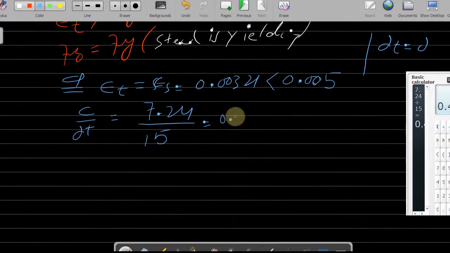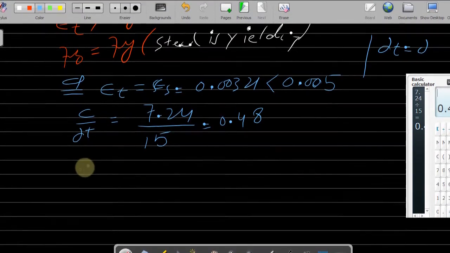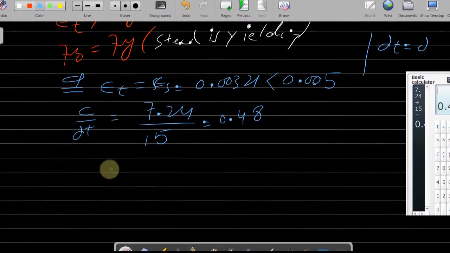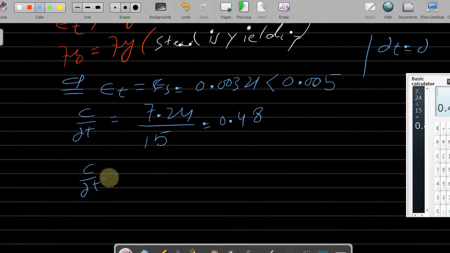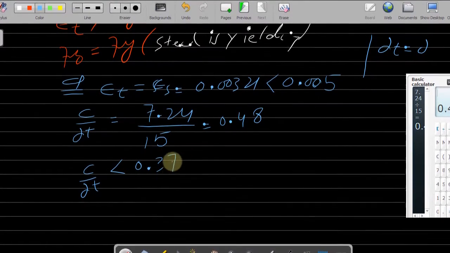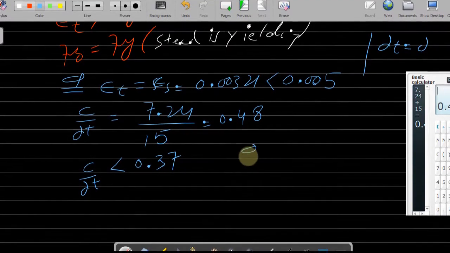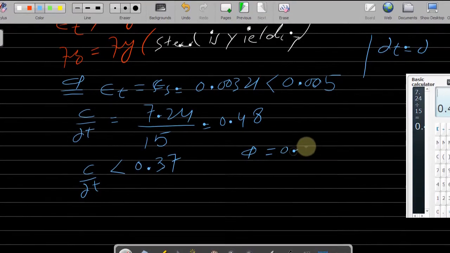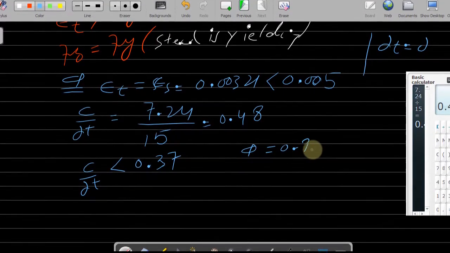And as we know from that lecture part 7-8, if c divided by dt is less than 0.375, this suggests that the phi value is 0.9.